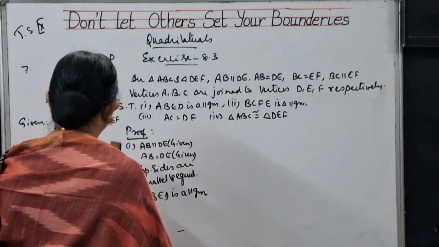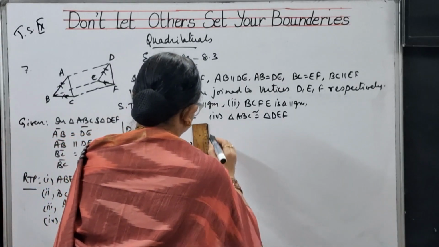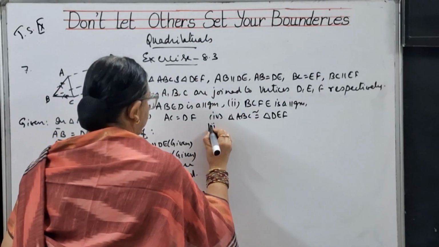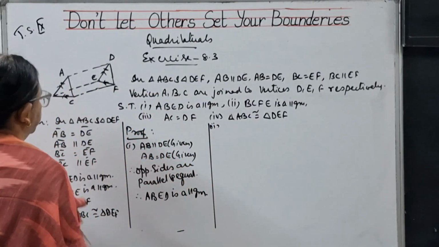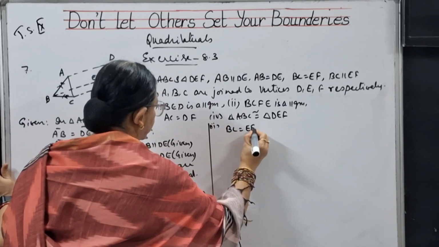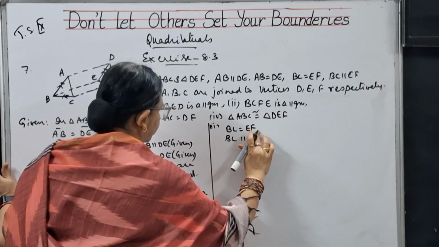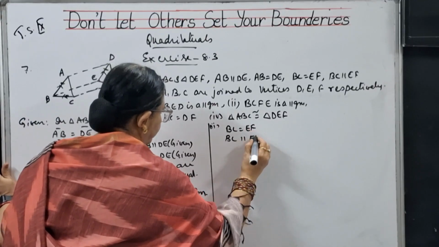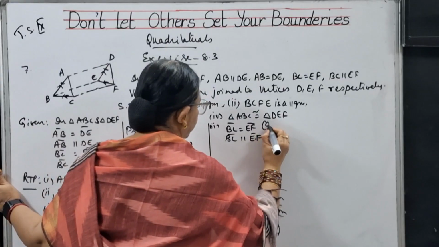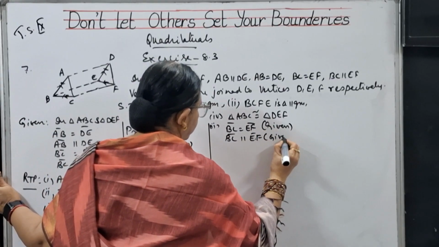Now let us go to the second bit. BC is equal to EF and BC is parallel to EF. This is also given to us.